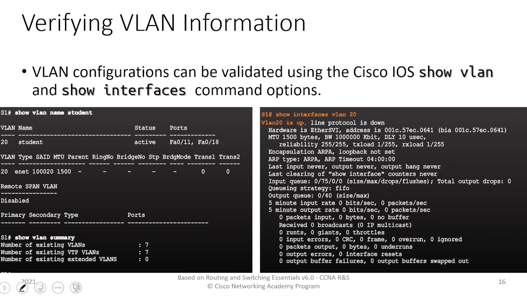So in this case, 11 and 18 are assigned to VLAN 20. Or we can look at how many VLANs we have, or we can even go into specific ports and see if a specific VLAN is assigned on a specific port or interface.